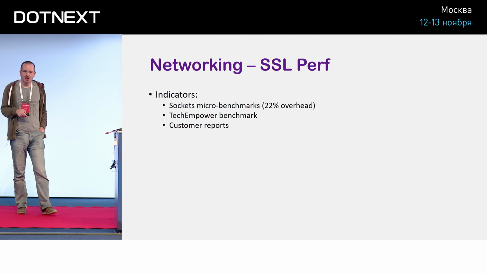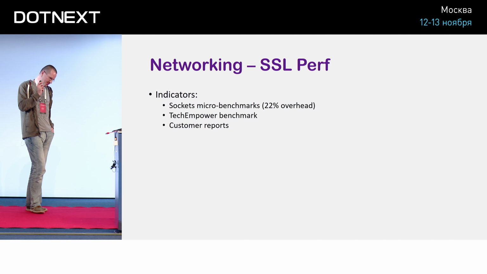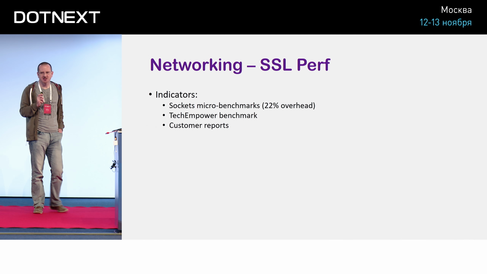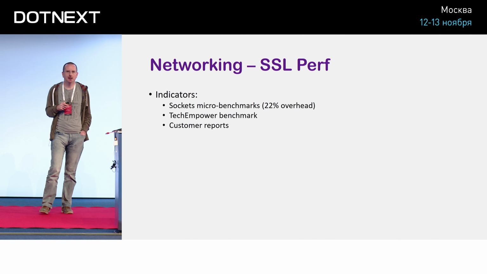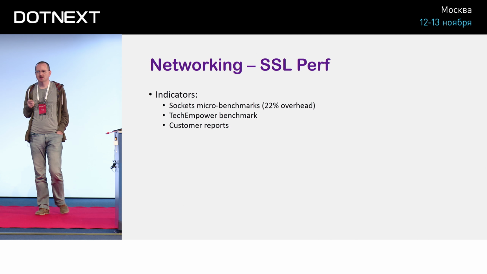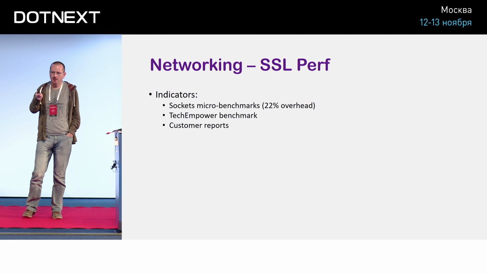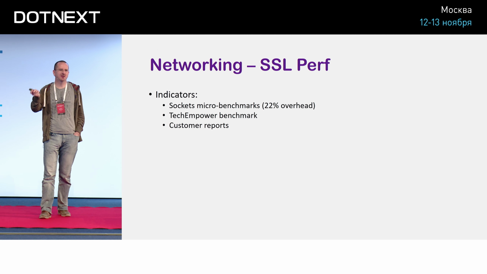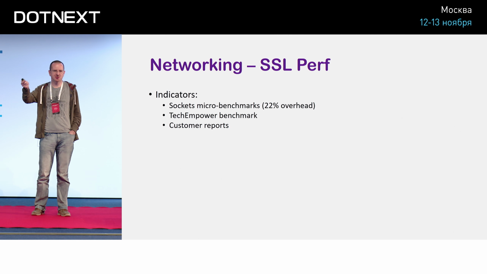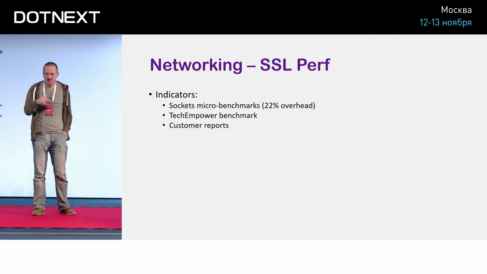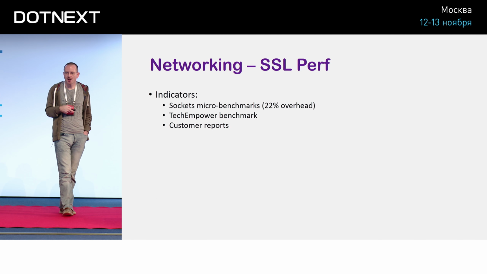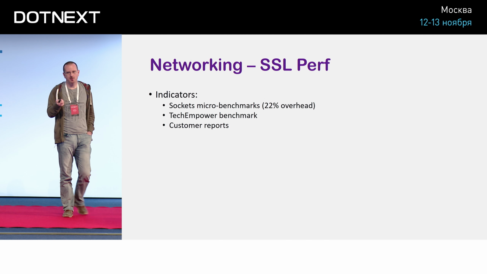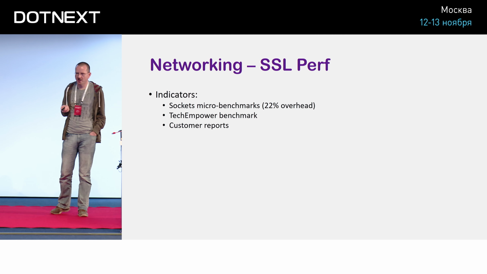SSL performance. There we have quite a lot of indicators that the SSL stream, which powers the SSL in our networking stack, is not the best. One of the indicators you've seen earlier in the slides was the 22% overhead of the SSL versus non-SSL sockets. So just from the micro benchmark, it pops. We also have data from the TechEmpower benchmarks, which ASP.NET runs on a regular basis.